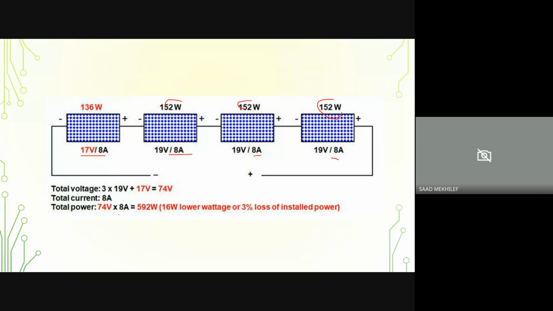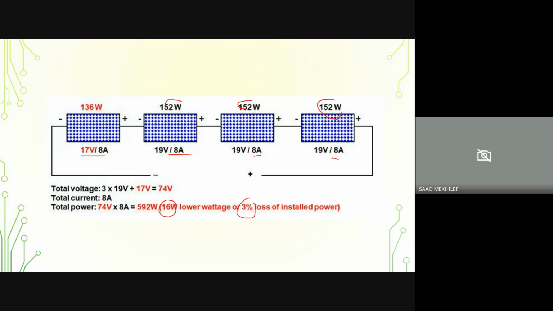But the total power is this multiplied by 10. Okay? So we have a 16 watt power loss, which is installed. This is what you call a mismatch condition. So this is what happens in the mismatch.